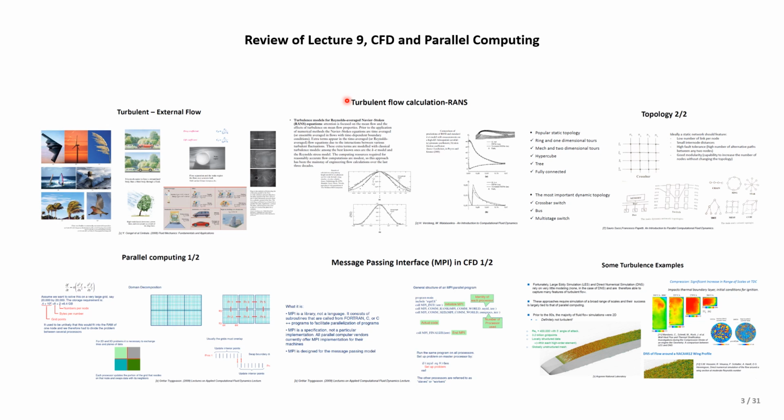RANS is the most applicable in industry and provides the mean of the solution. LES provides a better solution than RANS, with more accuracy. However, it's more expensive than RANS. And the next one is direct numerical simulation, which provides the exact solution.